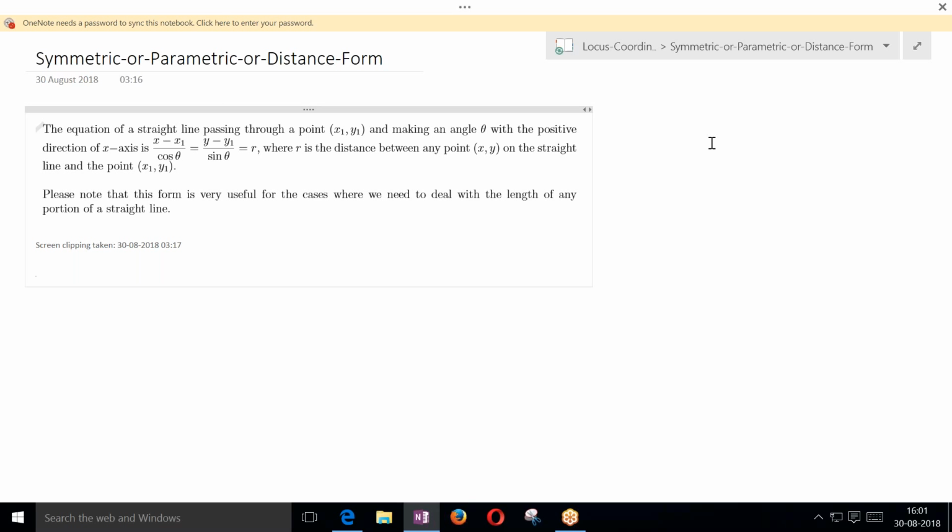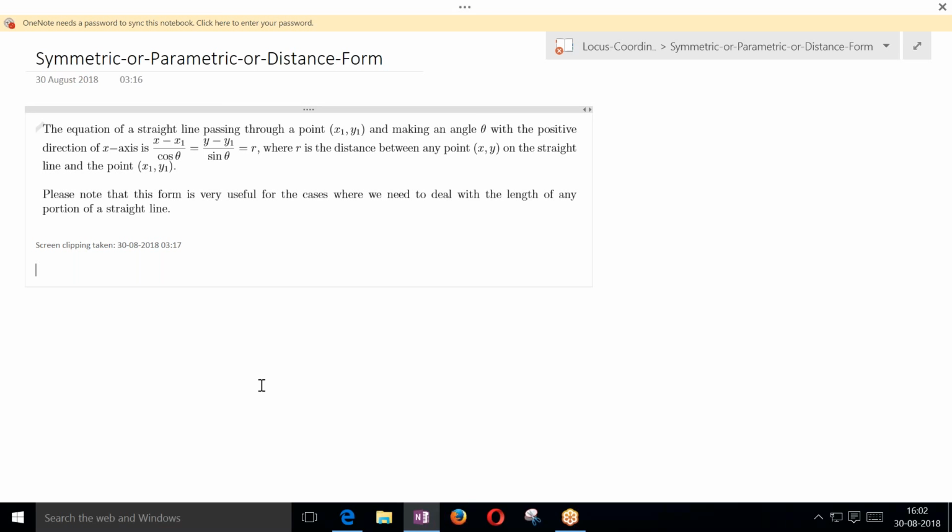Here it says the equation of a straight line passing through a point x1 comma y1 and making an angle theta with the positive direction of x-axis, is x minus x1 by cos theta equal to y minus y1 by sin theta is equal to r. Let us spend some time here.